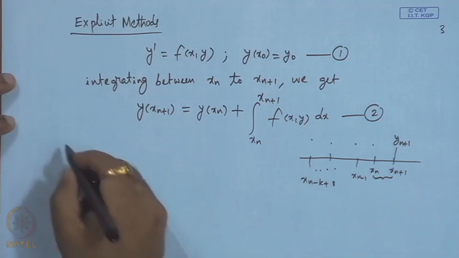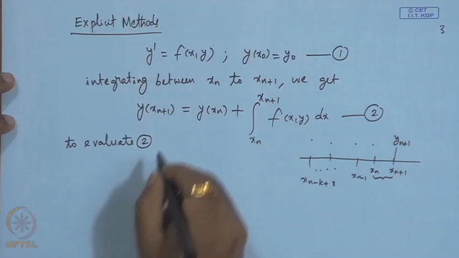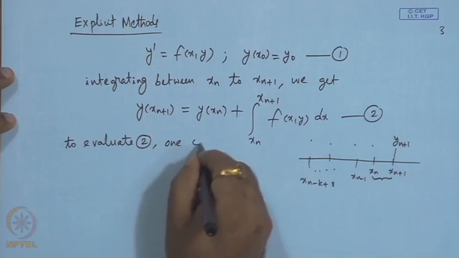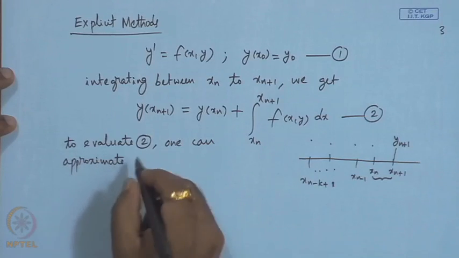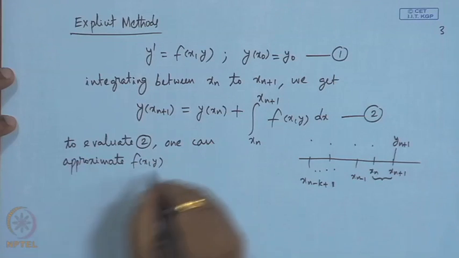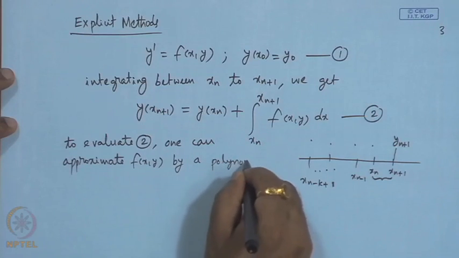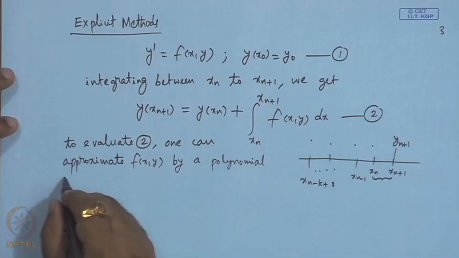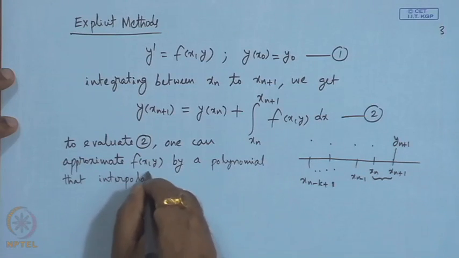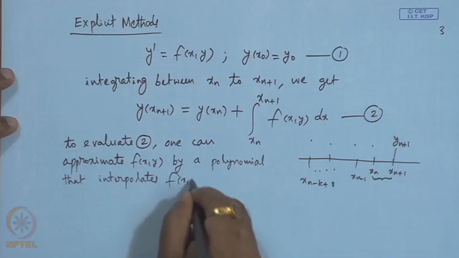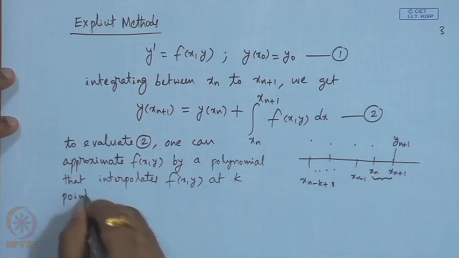So, what we do to evaluate this, one can approximate f of x, y by a polynomial that interpolates f of x, y at k points.